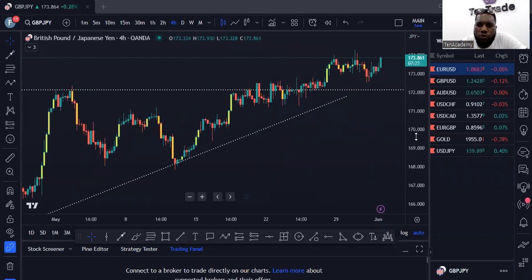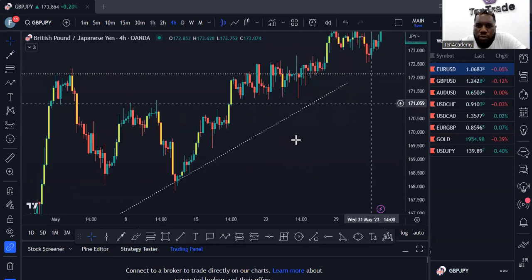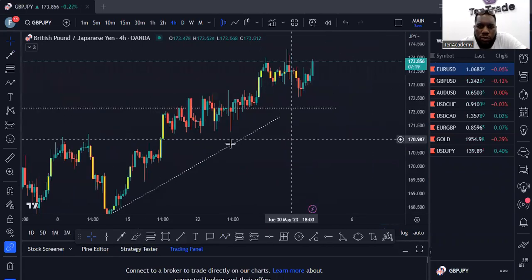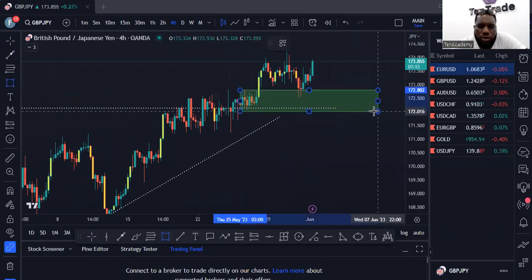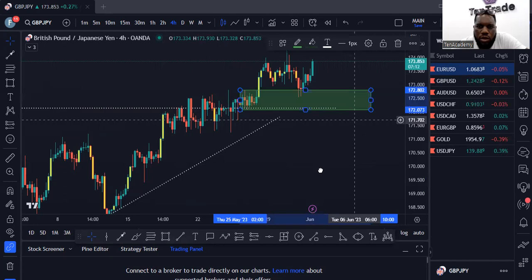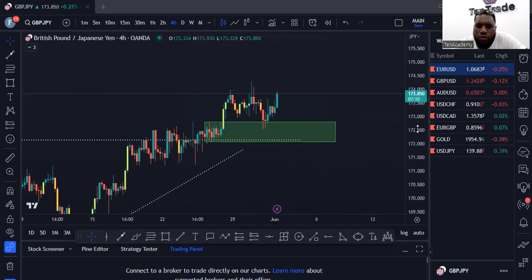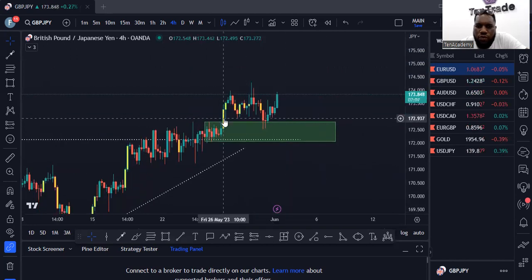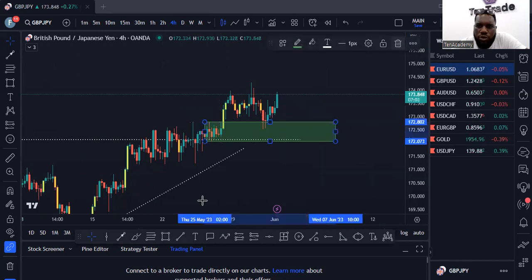All right. On the 4 hour time frame, what are we seeing? We are seeing price reacting to this demand right here. So possibly even the counter trend move. So let me show you something, right?